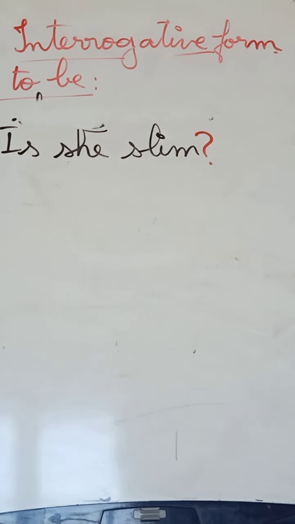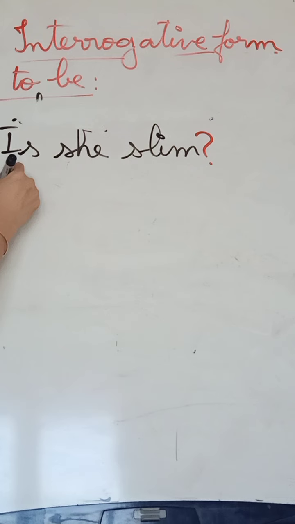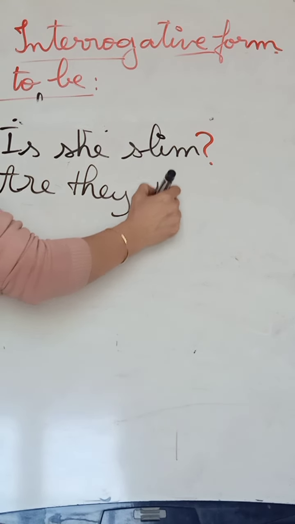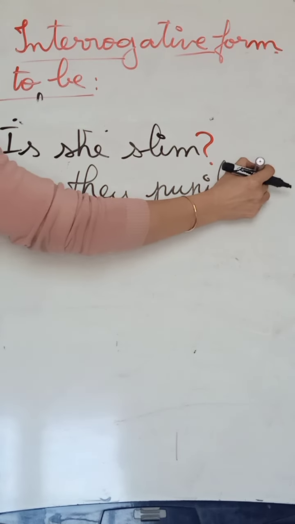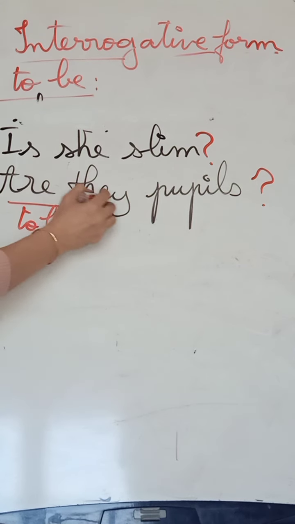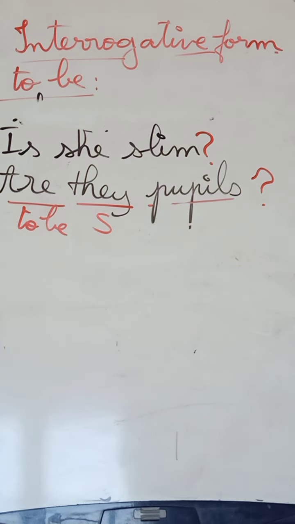Do you remember the sentence, they are pupils? It becomes, are they pupils? Question mark. It means that I have to start by to be in the present simple tense, subject, and then the rest of the sentence plus question mark.